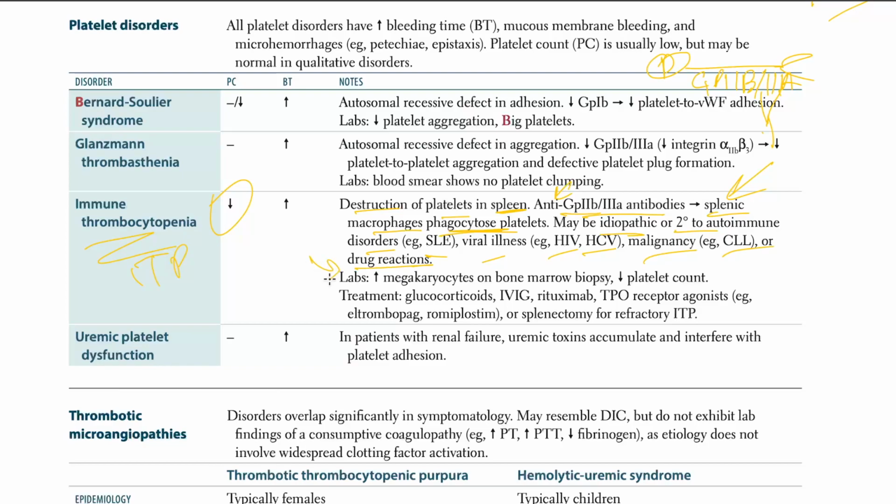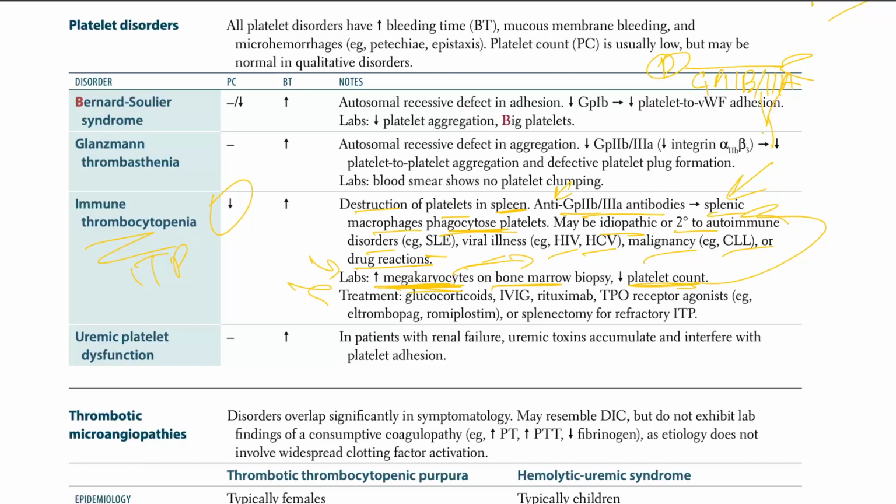So in labs, you will have an increase in megakaryocytes on the bone marrow biopsy. Remember, the megakaryocytes are the cells in the bone marrow that are throwing out platelets into the blood. And you have decrease in platelet count because they're getting destroyed.